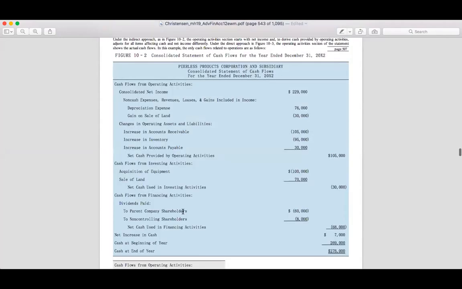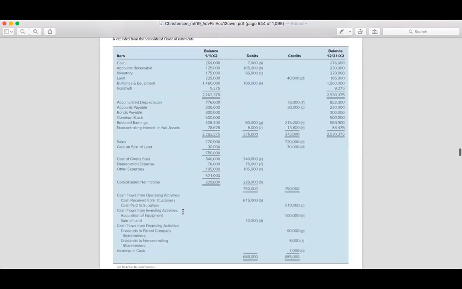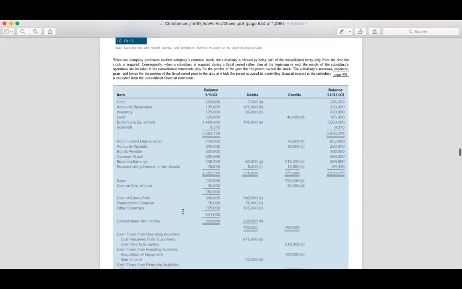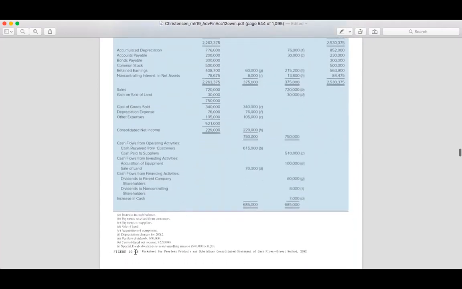Yeah, so under the consolidated statement of cash flow, indirect method, there is additional information stated. Sorry, this one is figure 10.3, because in my book it is stated on top of the table. Sorry about that.